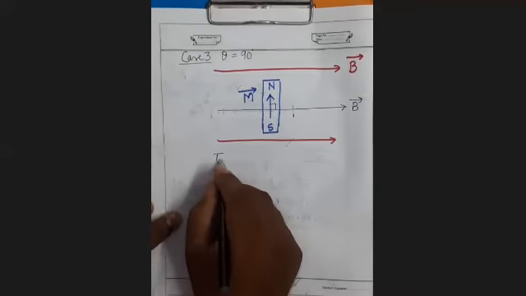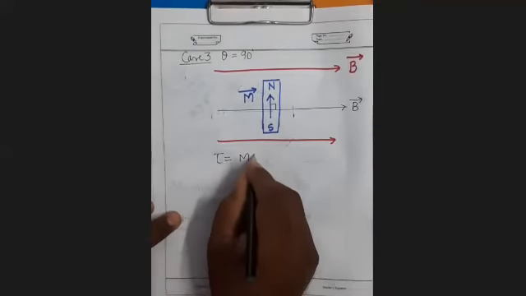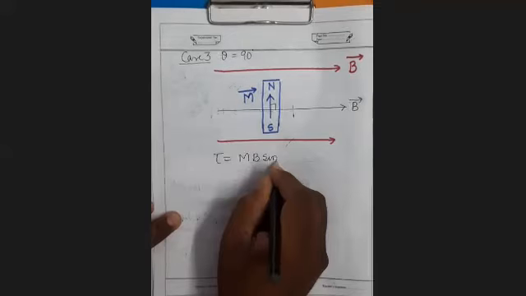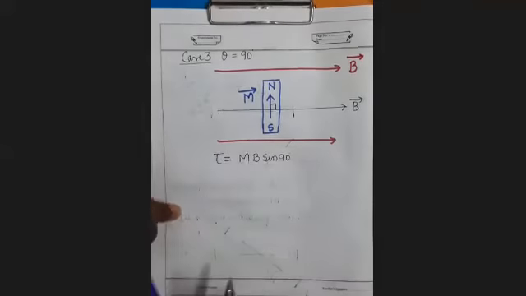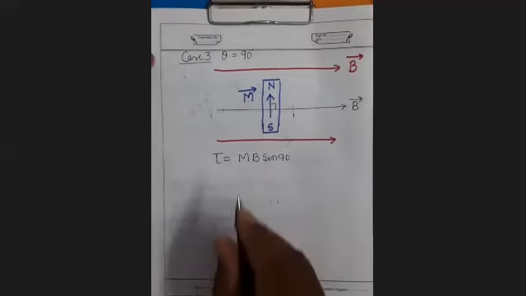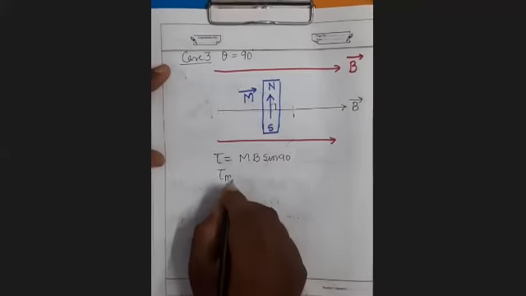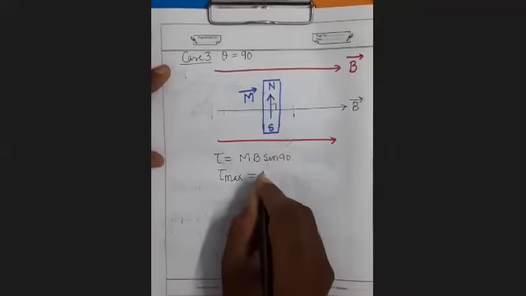Theta equals 90, so tau equals MB sine 90. And sine 90 degrees equals 1, and 1 is the maximum value of sine theta. Therefore, maximum torque will act upon the dipole.